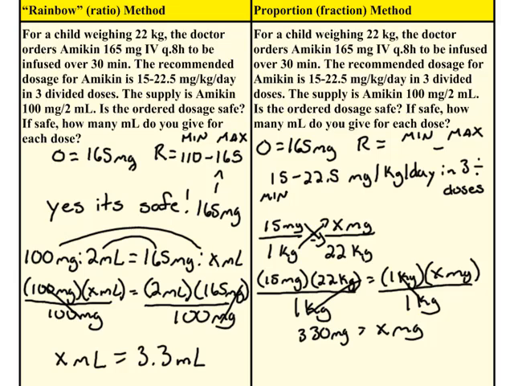We just figured the minimum amount of medication we can give per day. However, we're going to have to divide this into 3 doses in order to compare it to what the doctor ordered. If we divide 330 milligrams into 3 doses, we will be seeing that we are allowed to give a minimum of 110 milligrams each dose.